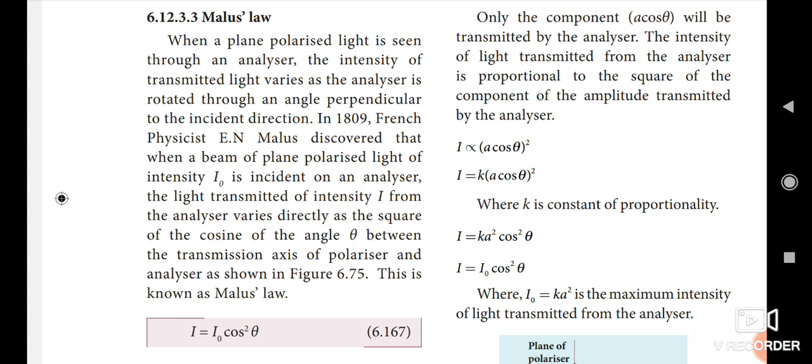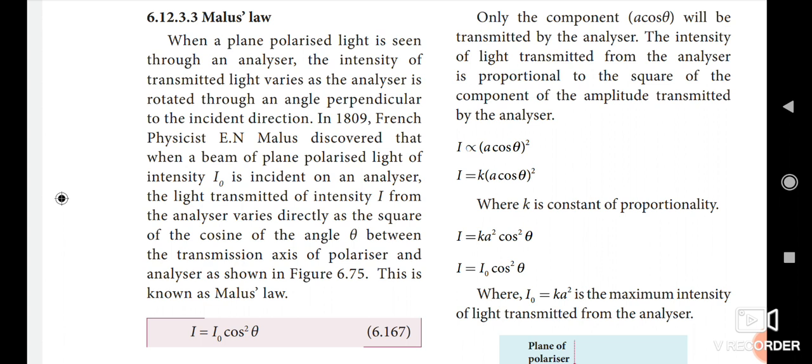We take only the horizontal component, so the amplitude of the analyzer light is A cos theta. Here Malus's law we want to prove is I equals I naught cos squared theta. We already know that the intensity is directly proportional to the square of the amplitude, I proportional to A squared.